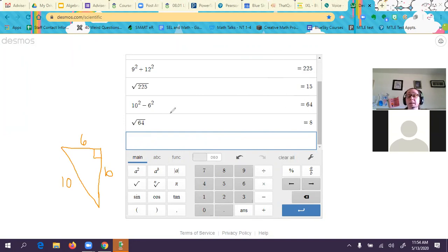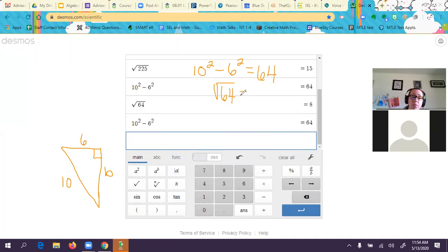So the other way, if you're missing a leg, you start with your hypotenuse and square it. You subtract your other leg and square it. And then that's what you type in, 10 squared minus 6 squared. That's 64. And then you take the square root of that 64, which is 8.